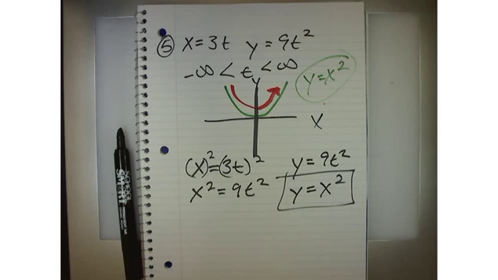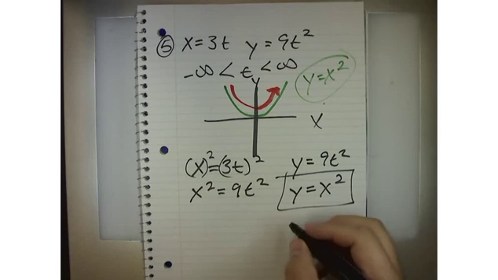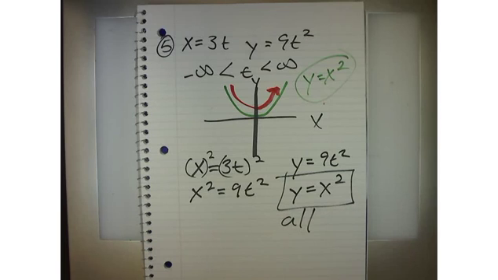Now, for what values of x? Your answer would be for all. Let me read the question again. It says, find the Cartesian equation for the curve that contains the parametric curve. What portion of the graph of the Cartesian equation is traced by the parametric curve?